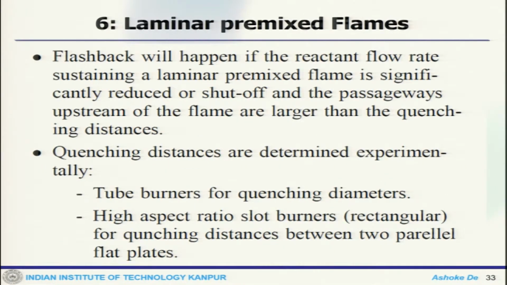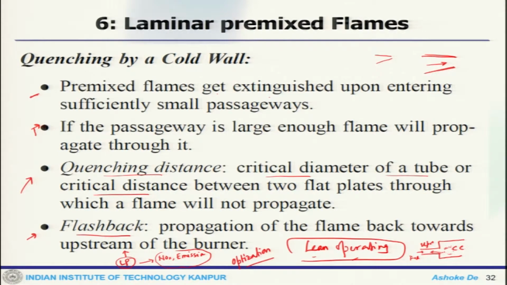Now, these are some of the things we are talking about: flashback can happen if the reactant flow rate sustaining a laminar premix flame is significantly reduced or shut off, and the passageways upstream of the flame are larger than the quenching distance. So, these are some of the thumb rules where people think that flashback can occur.